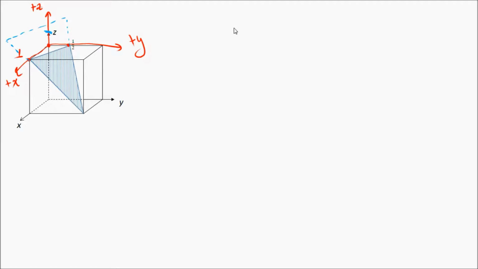Now for x, y, and z, for x, intersection point is 1, for y, 1/2, and for z, the tricky one is to find z. Again, I need to get the equation for the plane.